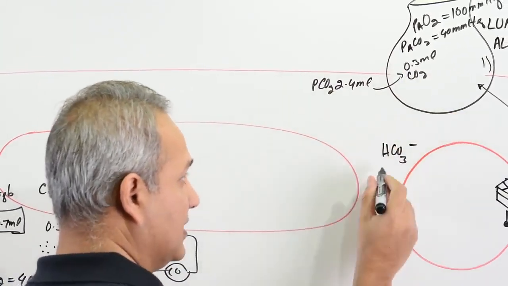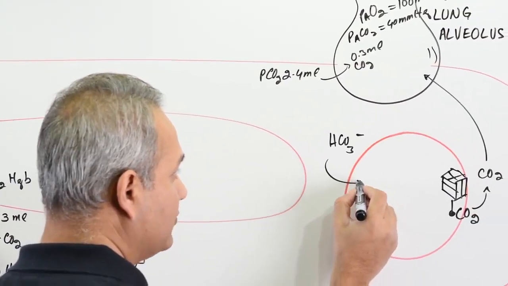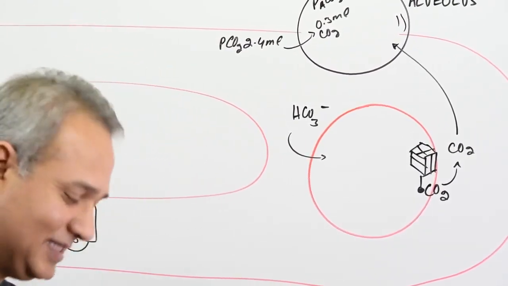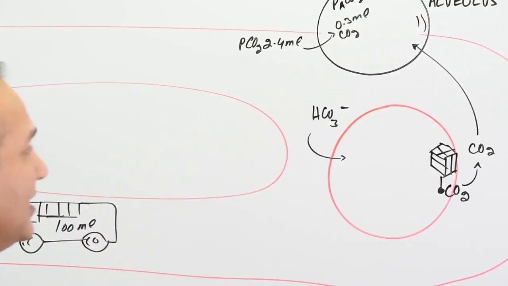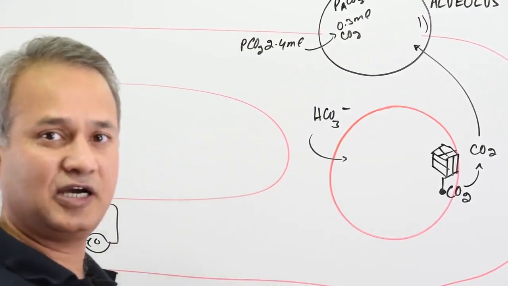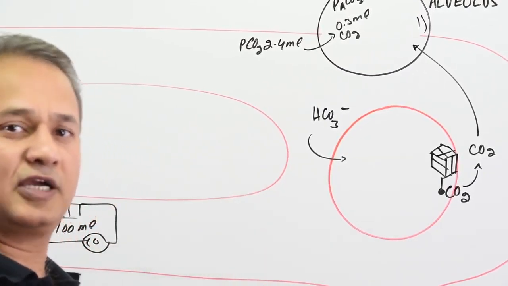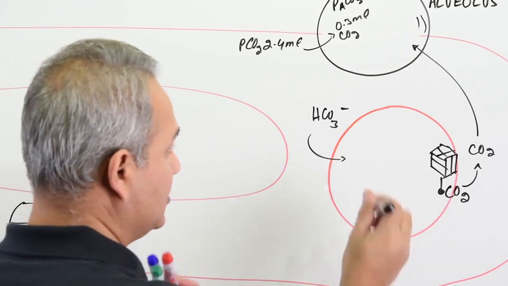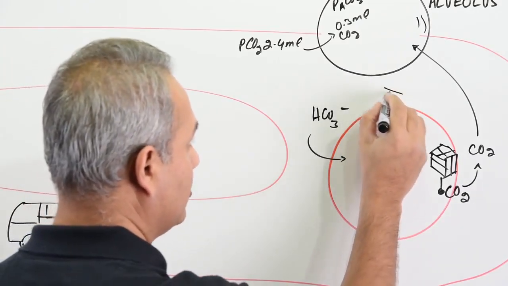In the lungs, this carbon dioxide moves back into the RBC. Why does it move back into the RBC? So that's a very interesting phenomena. It's not that somebody tells the bicarbonate, okay, we are in the lungs, now go back into the RBC. But here is what happens. When the oxygen comes in, so let's make a hemoglobin here.